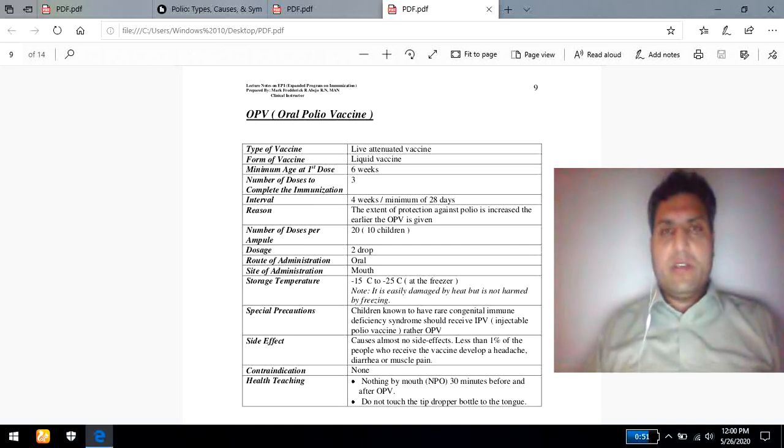The next one is paralysis, so obviously paralysis will be there in poliomyelitis, and stiff neck region is also one of the common symptoms, and fatigue.